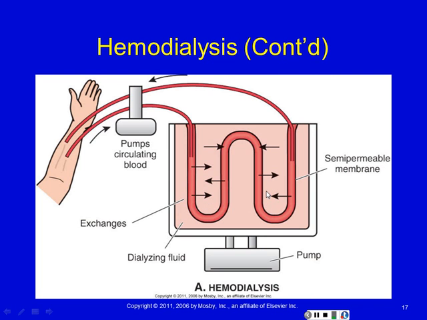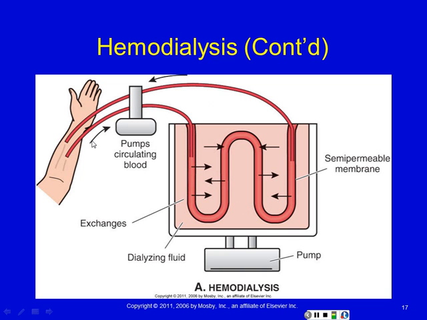But the smaller things like urea, like potassium, like sodium, like chloride, they come out and they can equilibrate with this solution that's around them. So by the time the blood goes back in, the urea has been removed, excess potassium has been removed, excess sodium. So it's essentially a simple kidney in a box, so to speak.